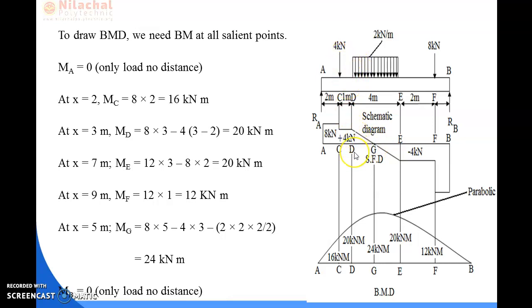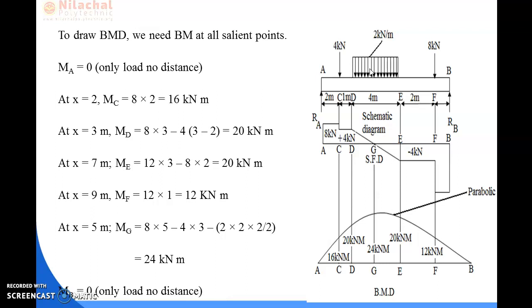Another loading is there, that is the UDL, which is 2 kilonewton per meter, and the distance from D to G will be 2 meter. So for the UDL, the moment will be load into distance by 2.